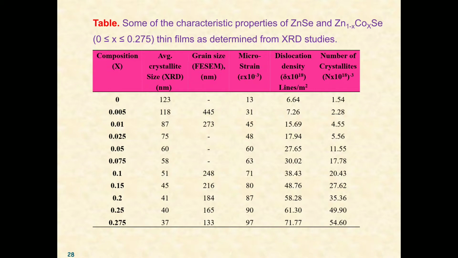Different parameters vary with composition: average crystallite size in nanometers, grain size from FESEM which we study in the next slide, microstrain, dislocation density, and the number of crystallites.